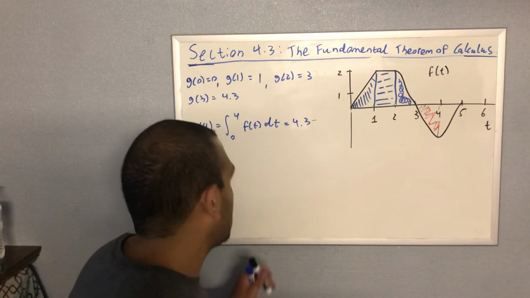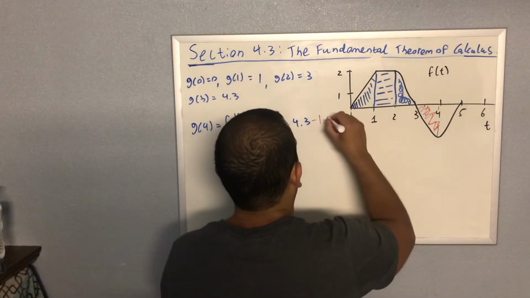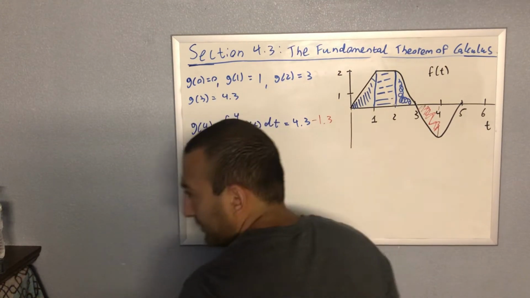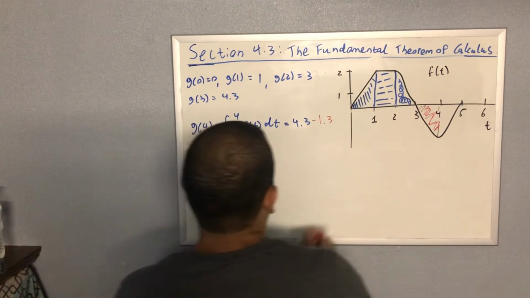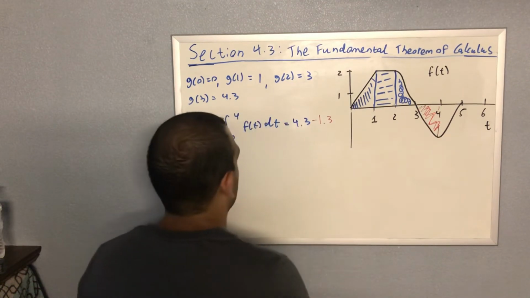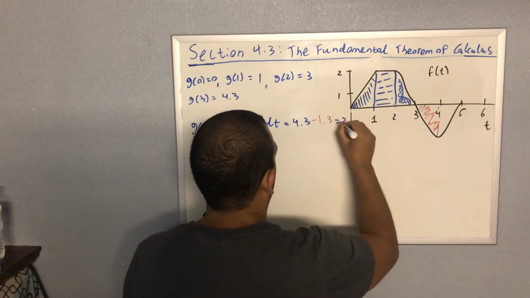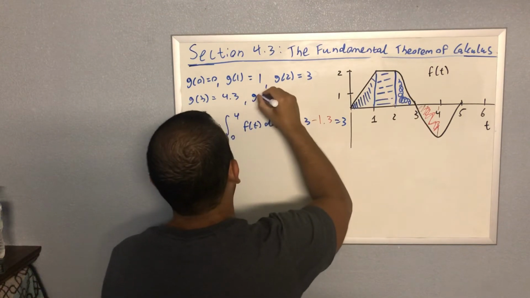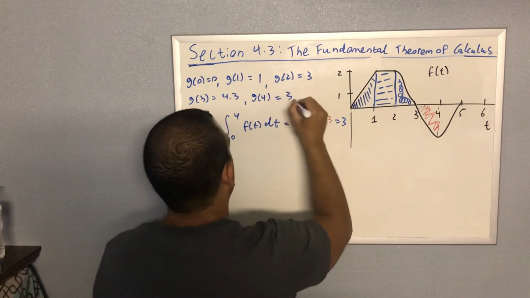It's not too big of a deal. So then again, if we subtract off the 1.3, the same area, this lands us back at 3. So this is 3. Okay, so g of 4 is 3.